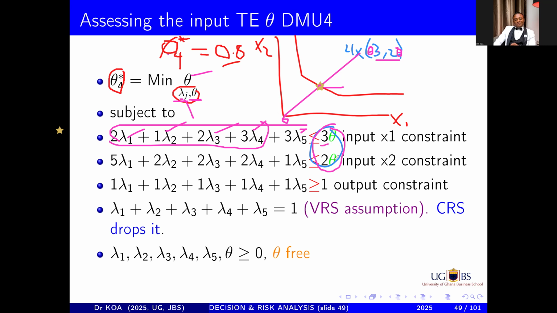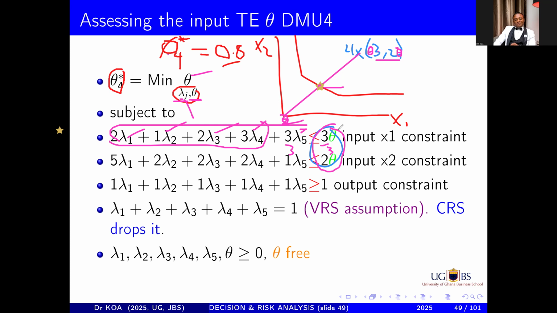Since this is input oriented, obviously the value should not be that, so let's assume that it's rather 2 instead of 6. You divide 2 by 3, and you're going to get 75%, which means that the actual efficiency score for this firm is 75%. Theta value is 75%.